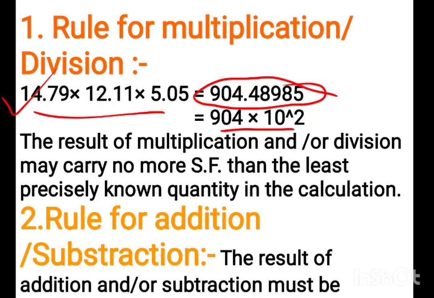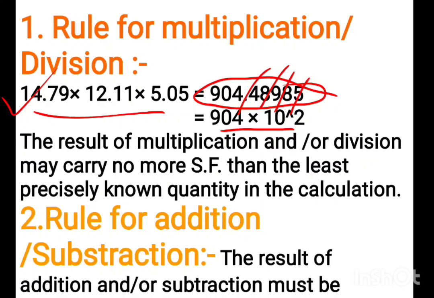So all the things should be less precise, that is after the decimal we put 48985, all are least precise, so that's why we have to use 904 as the significant figure. Okay, clear?